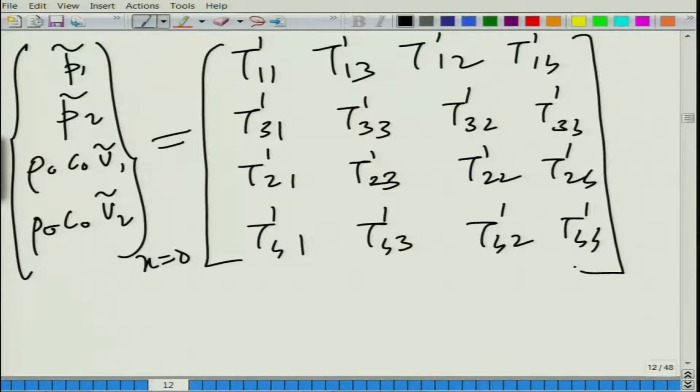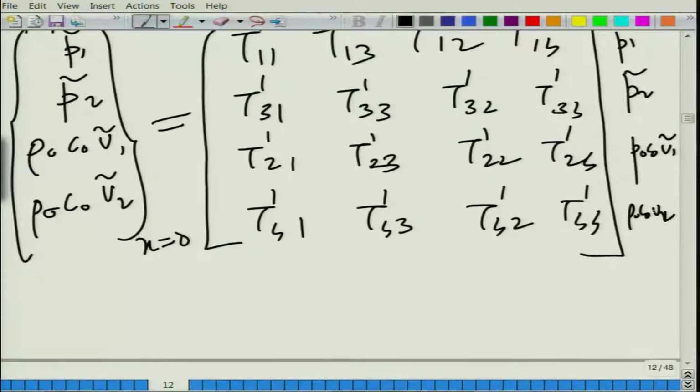Okay. So, all this will be there, and P1 tilde, rho naught C1, I am so sorry, at x equal to L. This is the vector here.